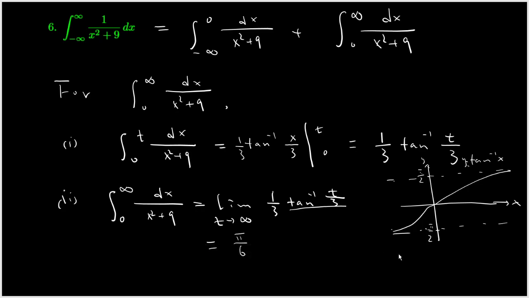Did I make it clear? You look at the graph, you can see the limit. The other limit is very similar. I'm not going to go through the details. I just say similarly, from negative infinity to 0, it's kind of by the symmetry of the function.